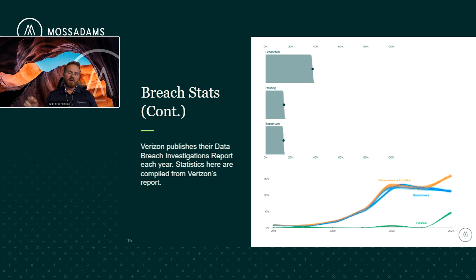So no matter how big or how small you are, you could be monetized. And that's, again, what are we after? We're after money. Who's after the money? Mostly organized crime, sometimes internal users, a disgruntled employee or whatnot.